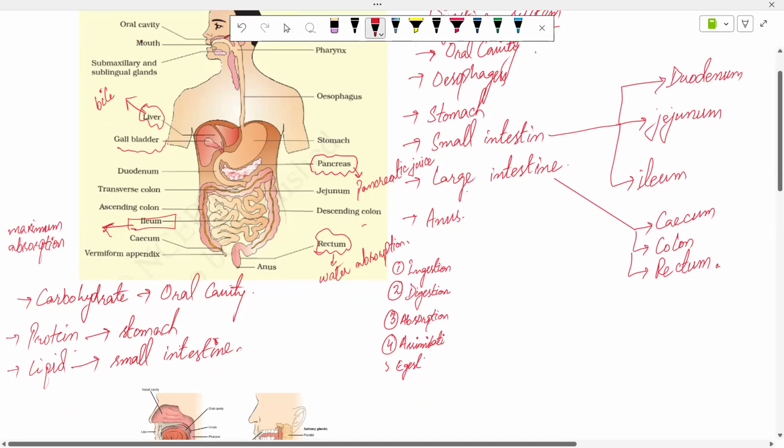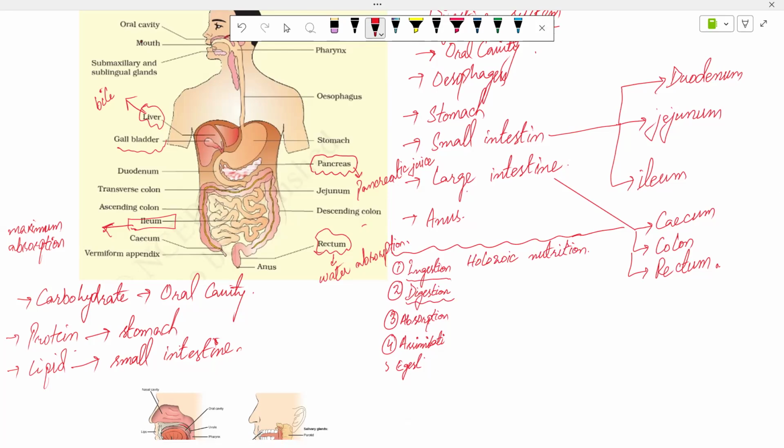One thing that you must know is that humans have a special type of nutrition, that is holozoic nutrition. Holozoic nutrition is divided into 5 steps. Number one, ingestion, that is taking in food. Digestion, that is breakdown of large food molecules into smaller diffusible molecules.